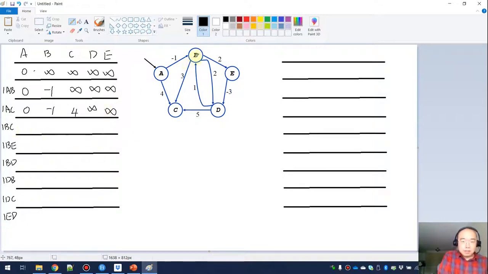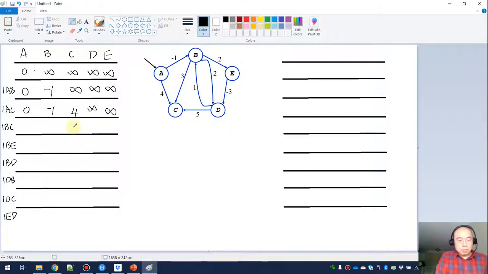The next edge will be BC. For B, the cost is -1, right? And for C, we already know there is a way to get to C with the cost of 4. If we go from B and take BC, the cost of getting to C will be -1 plus 3, so it will be 2.